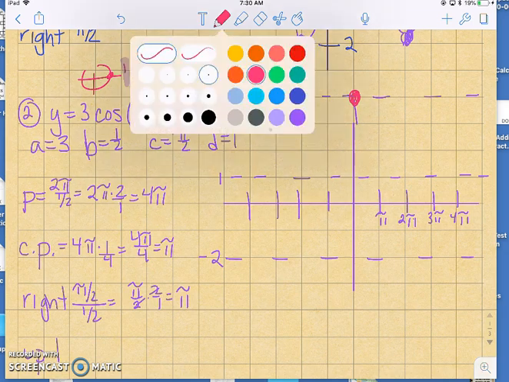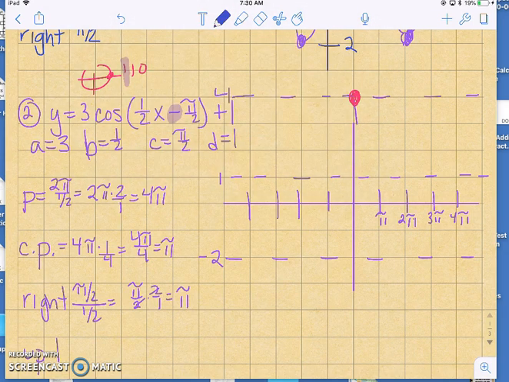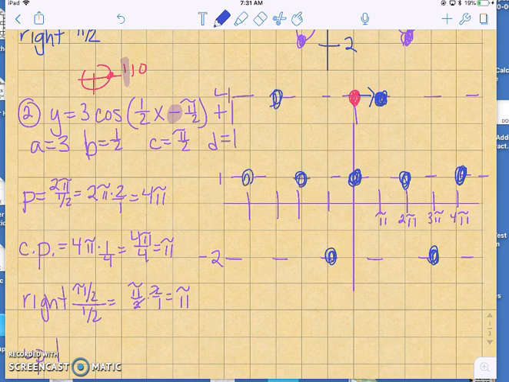But let's see, we've shifted it, and where have we shifted it? To the right pi. So we got to go to the right pi, so there's our start right there. So then it would go medium, low, medium, low, medium, high, medium. So we have our graph.